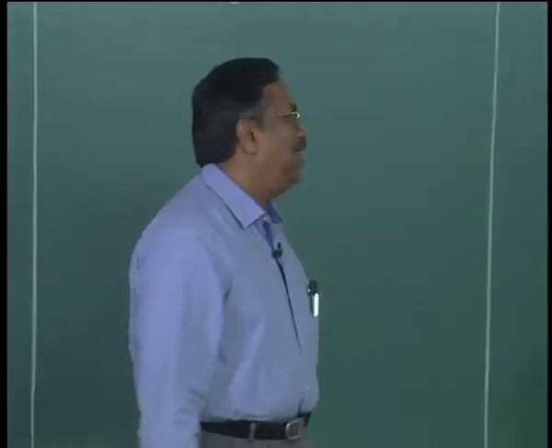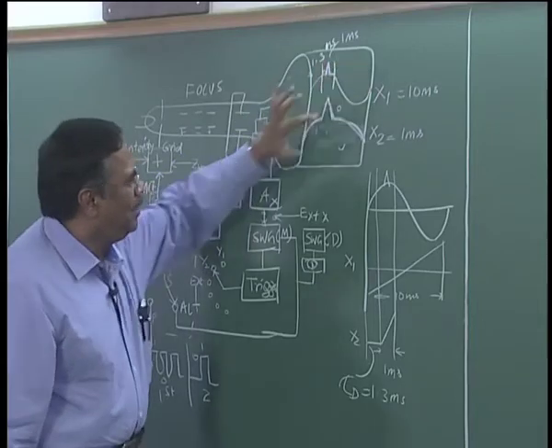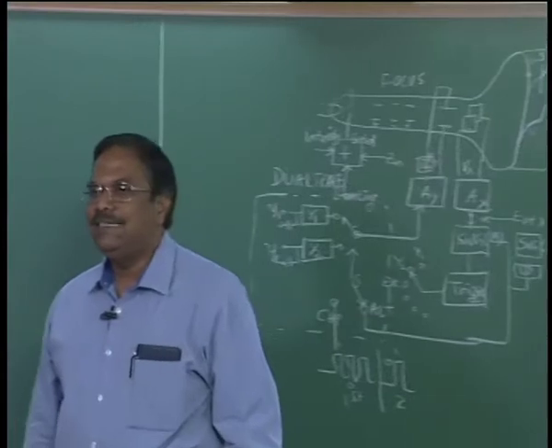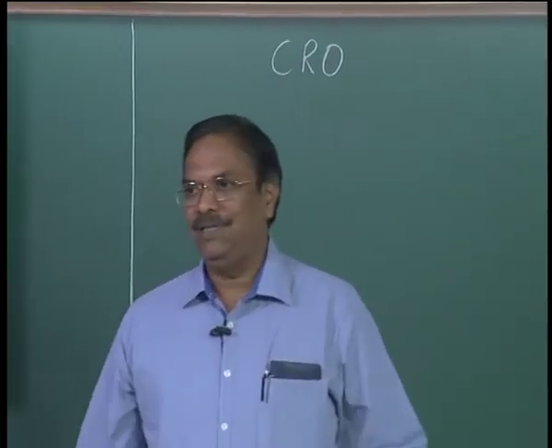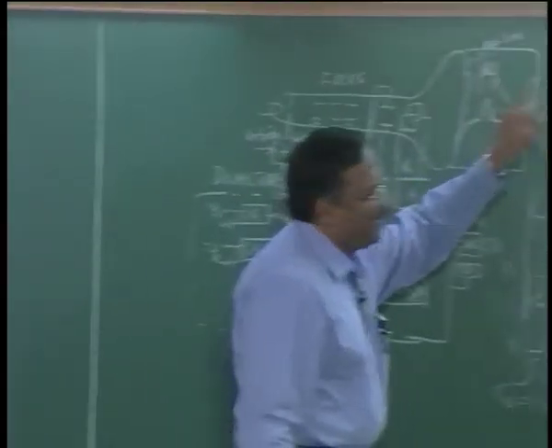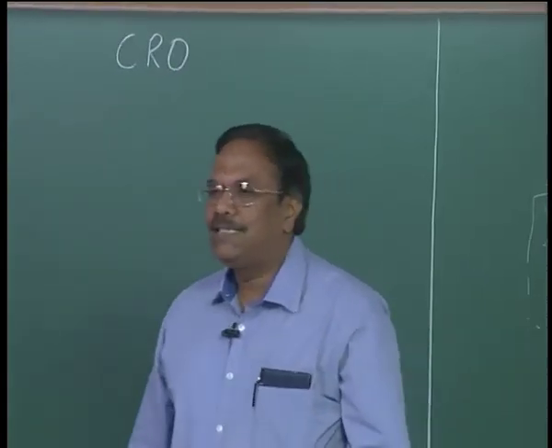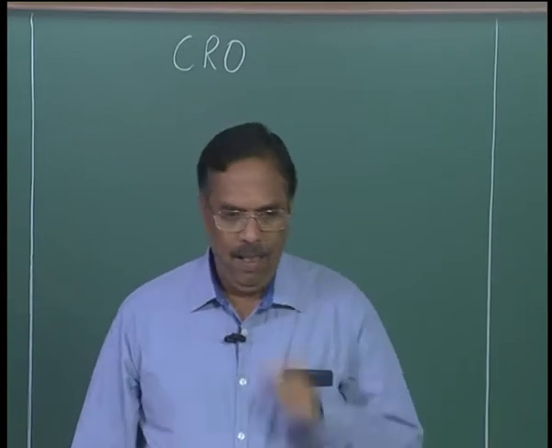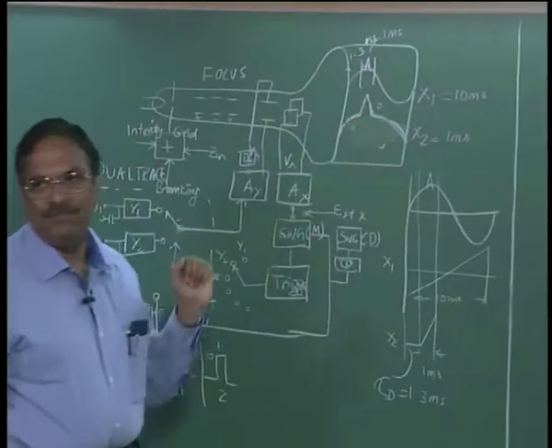So for one sweep, one x sweep, we keep the main, the second sweep we keep the delay. The second delayed sweep, the delay is settable. You can start the delay from 0 to 10 millisecond, you can start 0 to almost full and until the end of the waveform.